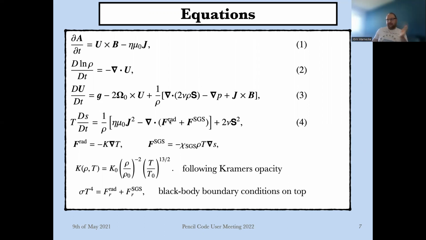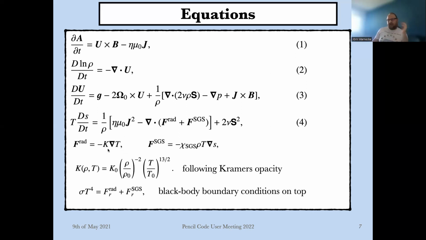And then we have the different heat fluxes: the radiative heat conductivity and heat conductivity by what we call the SGS, subgrid-scale modeling, where we just have an isotropic turbulent diffusivity to transport the flux. I can explain in detail if you have questions.